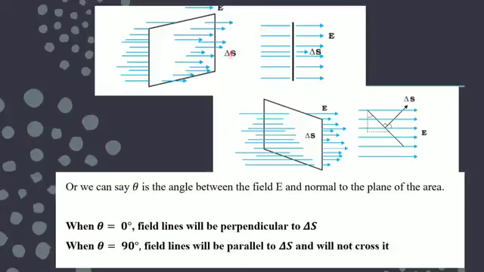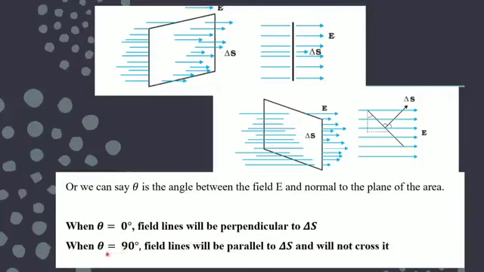Then electric flux phi equals E dot ds, E ds cos theta. Cos 0 is 1, so flux gets the maximum value, that is E into S.